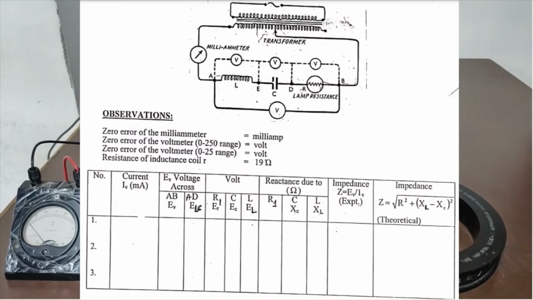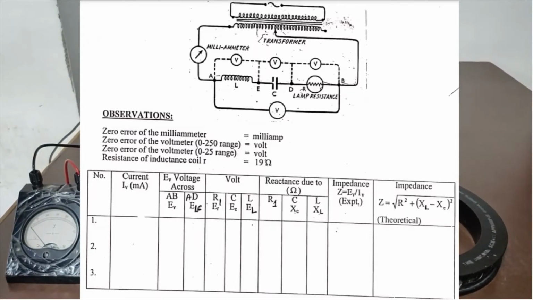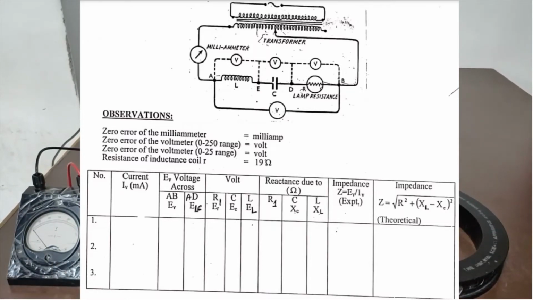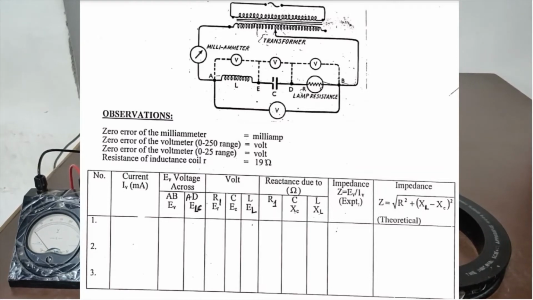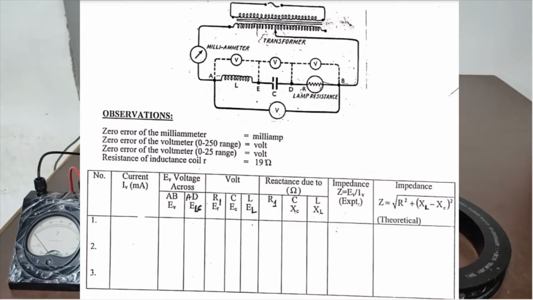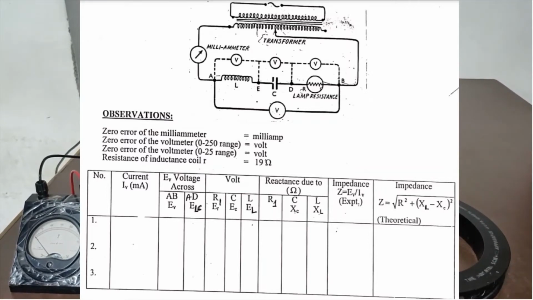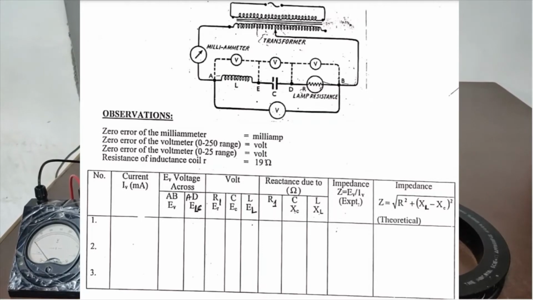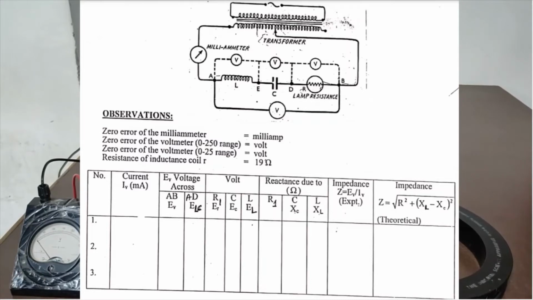So now let us know how to do the calculations. First of all, we have to evaluate the impedance across the circuit, which is Z, and which is equal to EB divided by IV. IV is the current and EB is the corresponding voltage across AB, I mean LCR.